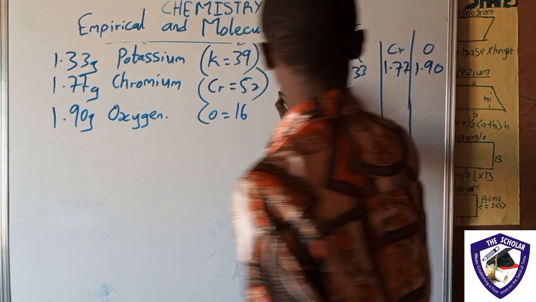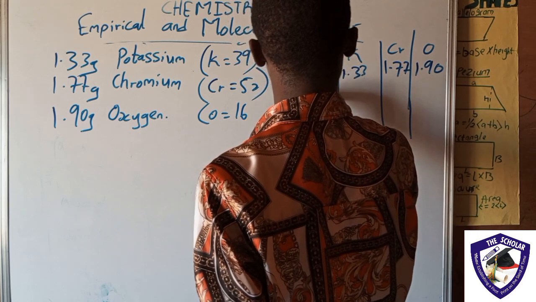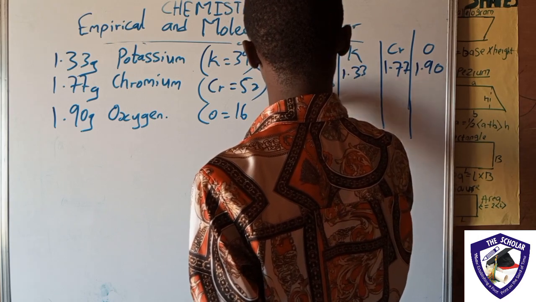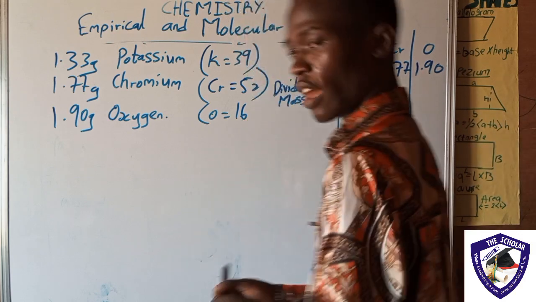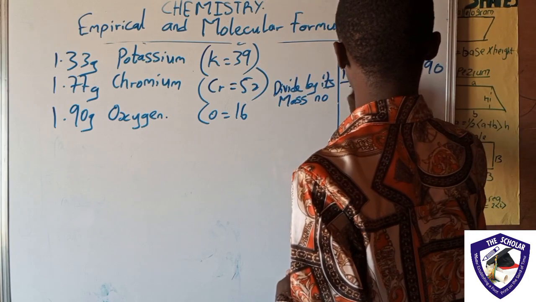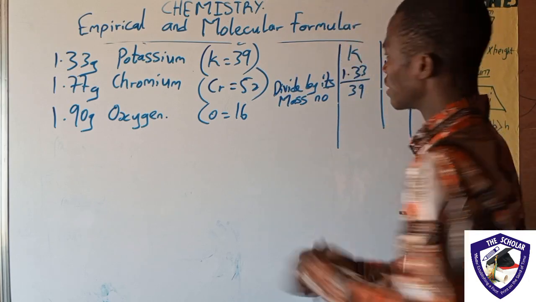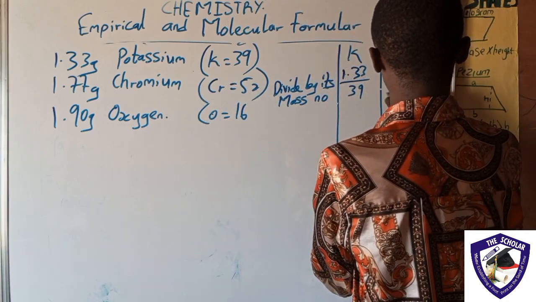Then the next thing is to divide by its mass number. The mass number of potassium is 39, we divide this by 39. The mass number of chromium, 52, we divide this by 52.